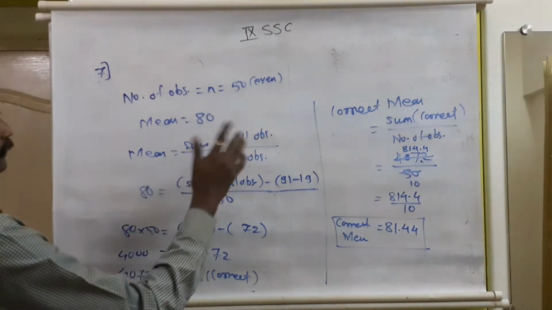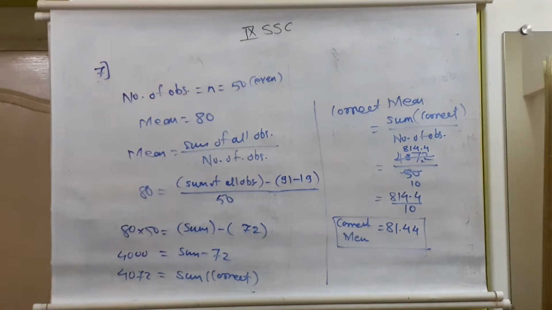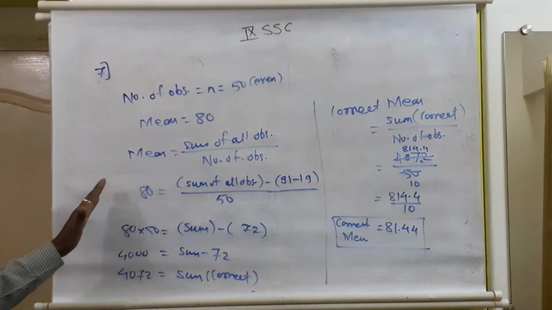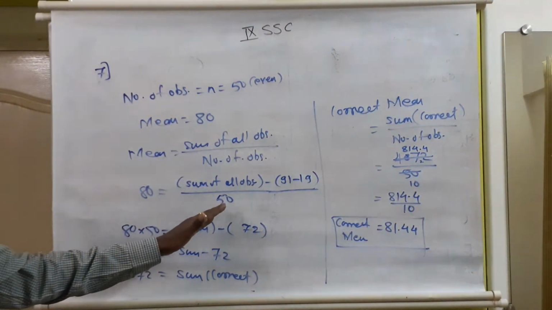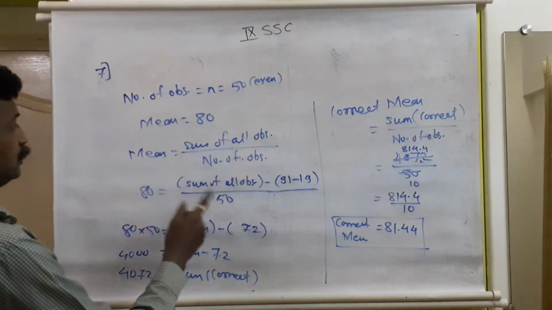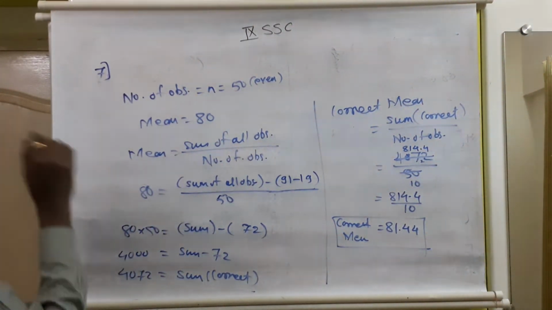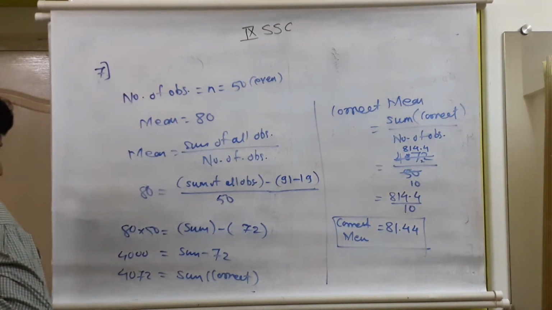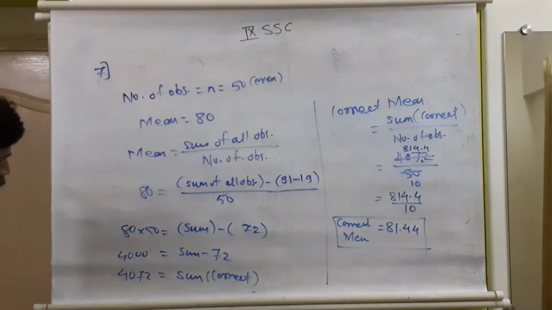Mean is equal to sum of all observations divided by number of observations. Mean is given 80. Number of observations are 50. Sum of all observations will be equal to 80 into 50. 80 into 50 is 4000. So 4000 is the sum, but this is not the correct sum.